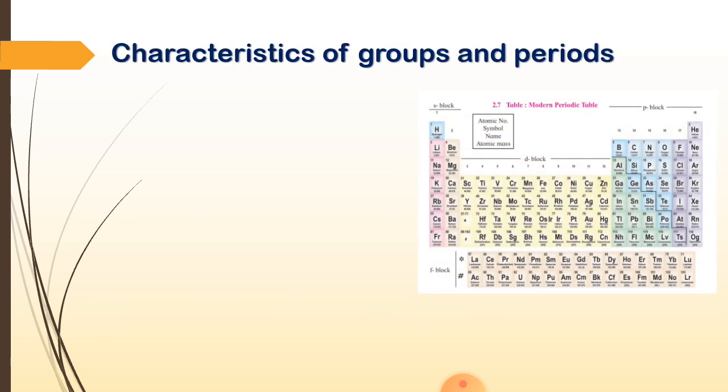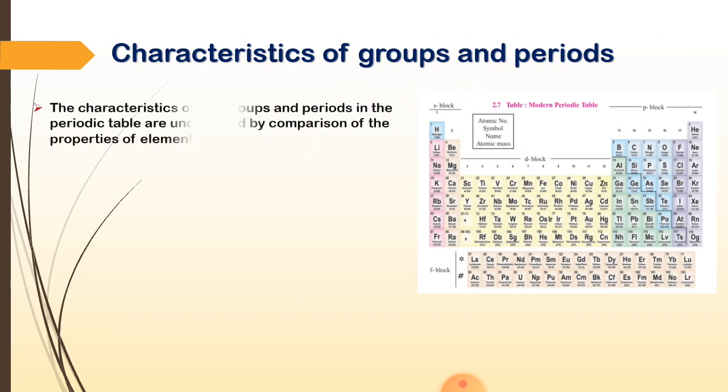What are the characteristics of groups and periods? The characteristics of groups and periods in the periodic table are understood by comparison of the properties of elements. When we compare the elements having different properties, we get to know about the characteristics of groups and periods.